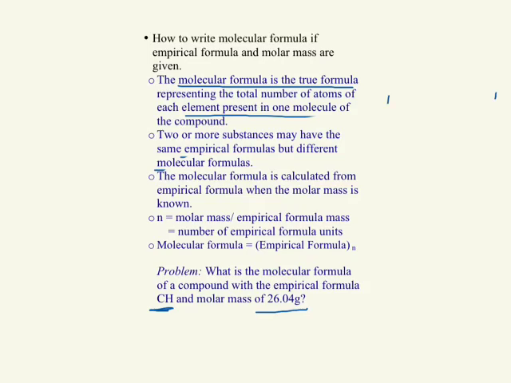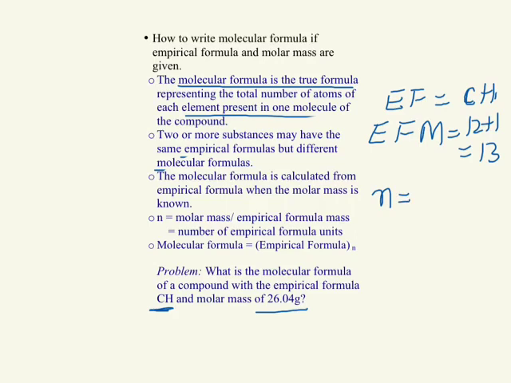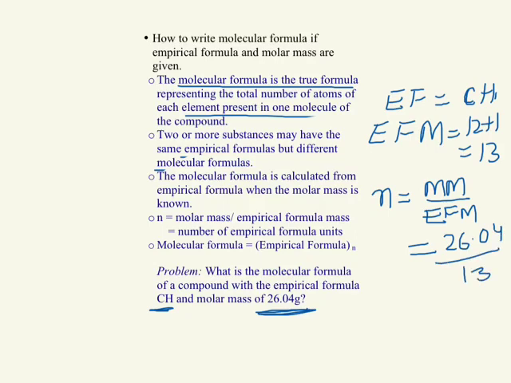So first your empirical formula is CH. You're going to calculate the empirical formula mass. Carbon is 12, hydrogen is 1, 13. And then you calculate the value of N, which is molar mass divided by this empirical formula mass. Molar mass is given here in the question, 26.04 divided by empirical formula mass, which is 13.